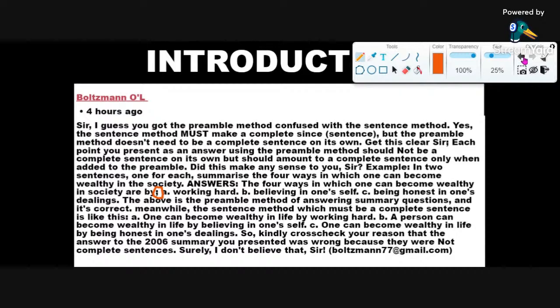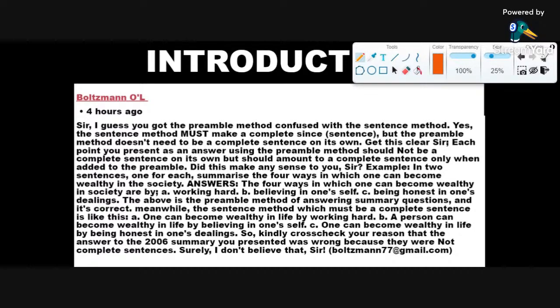Okay, but having pointed out those few things, I don't intend to go further, because the purpose of this lesson is not to give a full analysis of the grammatical correctness or otherwise of your comments, but to put certain records straight concerning the correct and the wrong ways of using a preamble.